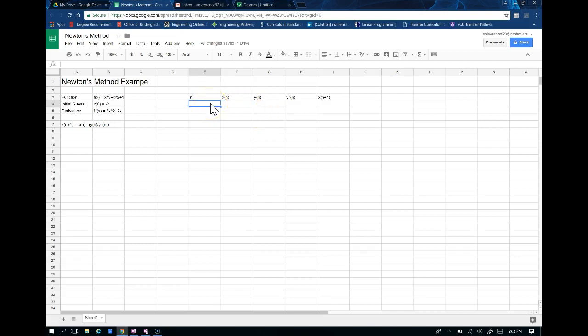Now your n's start at 0 because this first x value we get to plug in all on our own. We don't do anything to get that one. And I'm actually going to center all of this stuff. I like that better. Now, the first few we need to calculate on our own. And then once we establish a pattern, we can just drag it down from there.